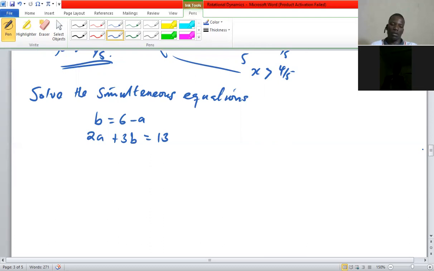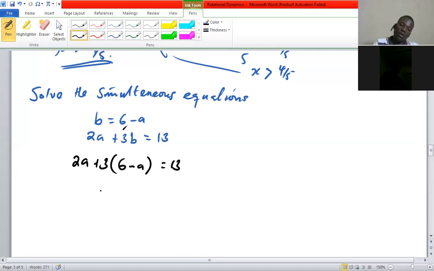The second equation is 2A plus 3B is equal to 13. We've been told that B is actually 6 minus A. So we have 2A plus 3, where there is B, we put 6 minus A, is equal to 13.